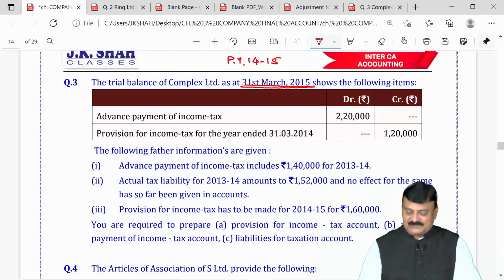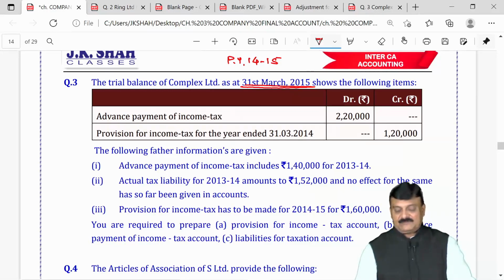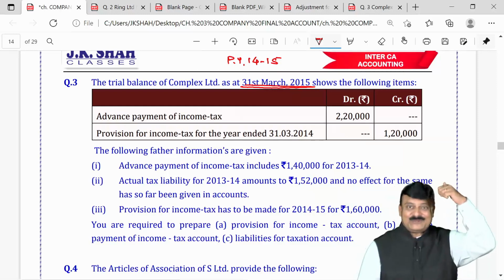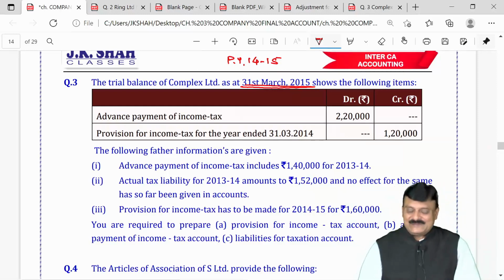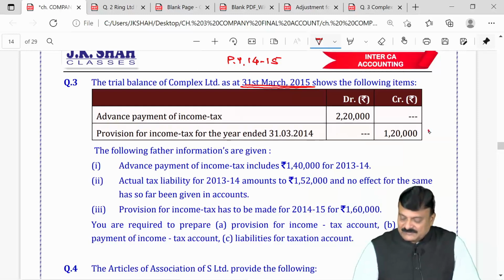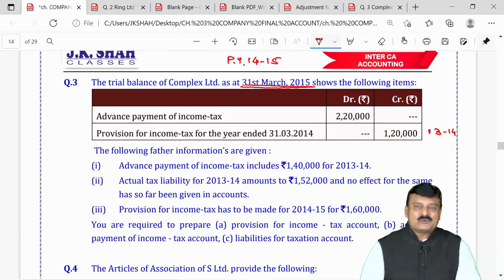It shows the following items: advance payment of tax 2,20,000 and provision for taxation for the year ended 31st March 14, that is last year's provision. This 1,20,000 is the provision for the previous year 13-14, which will come as an opening balance in the provision account, credit side, as balance brought down.